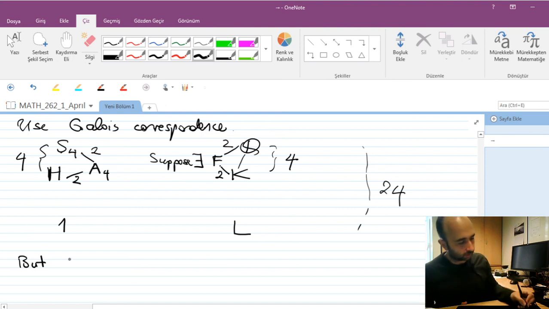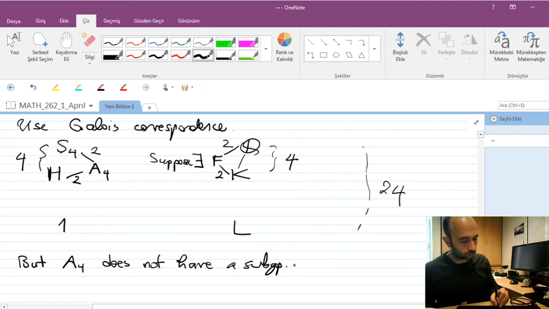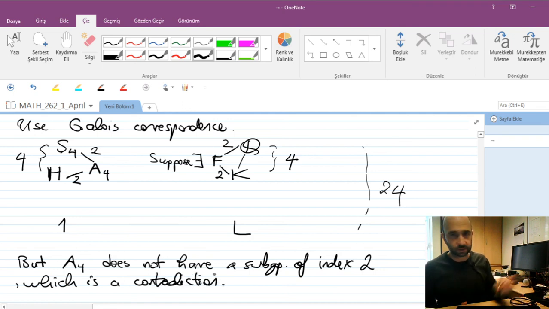So A4 does not have a subgroup of index 2, which is a contradiction. So F doesn't exist.